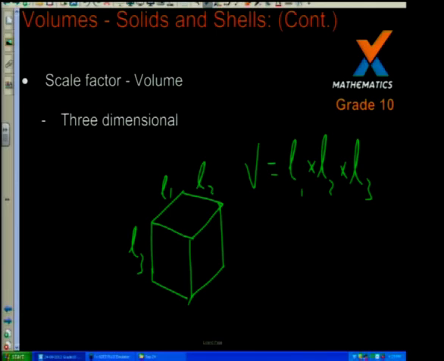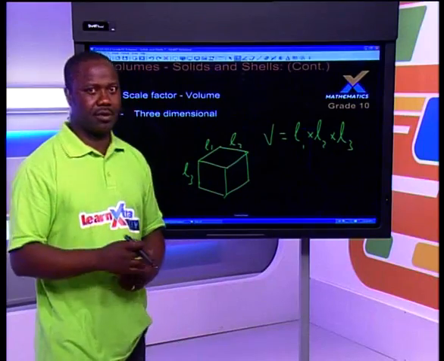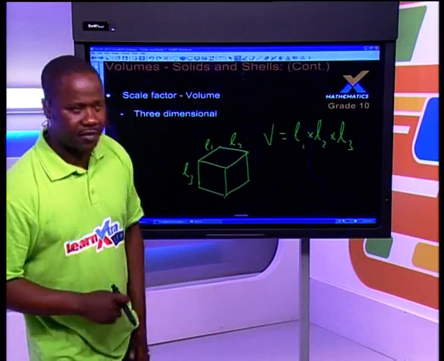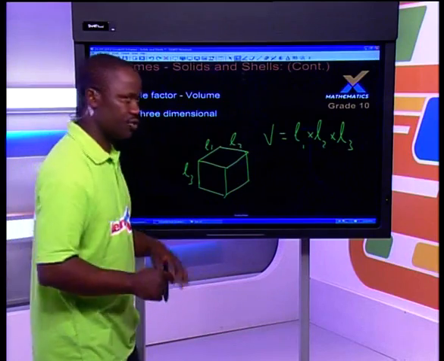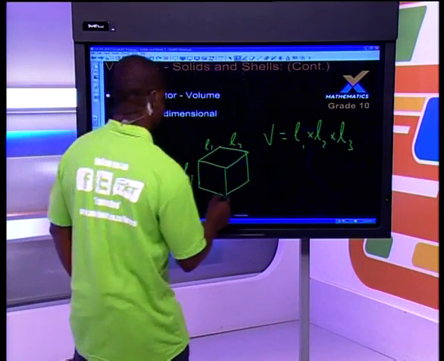If we then say magnify this by a scale factor of 2 or a scale factor of 3, I think we've been using 2 too much, so I'm going to pick on 3 now.